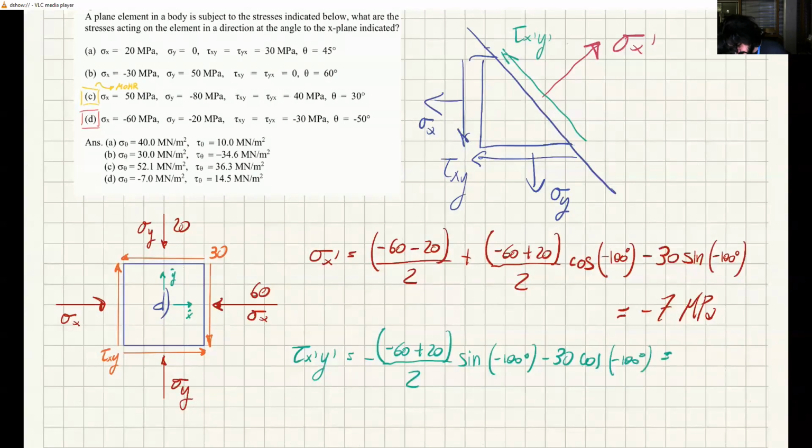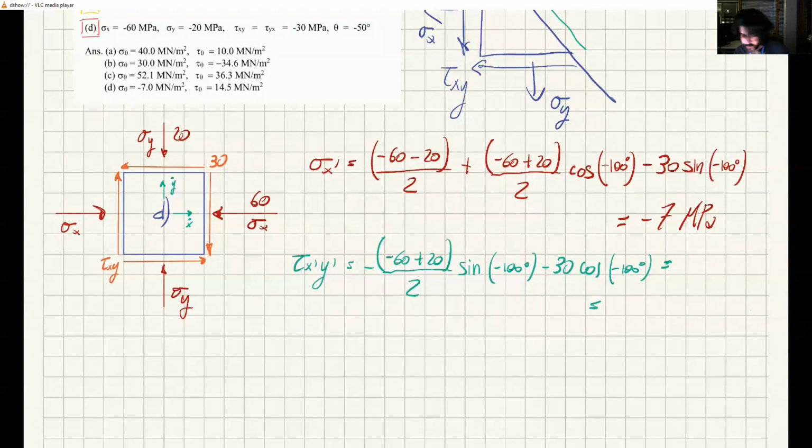And this gives a stress of 14.5 megapascals. Okay, that's very easy.